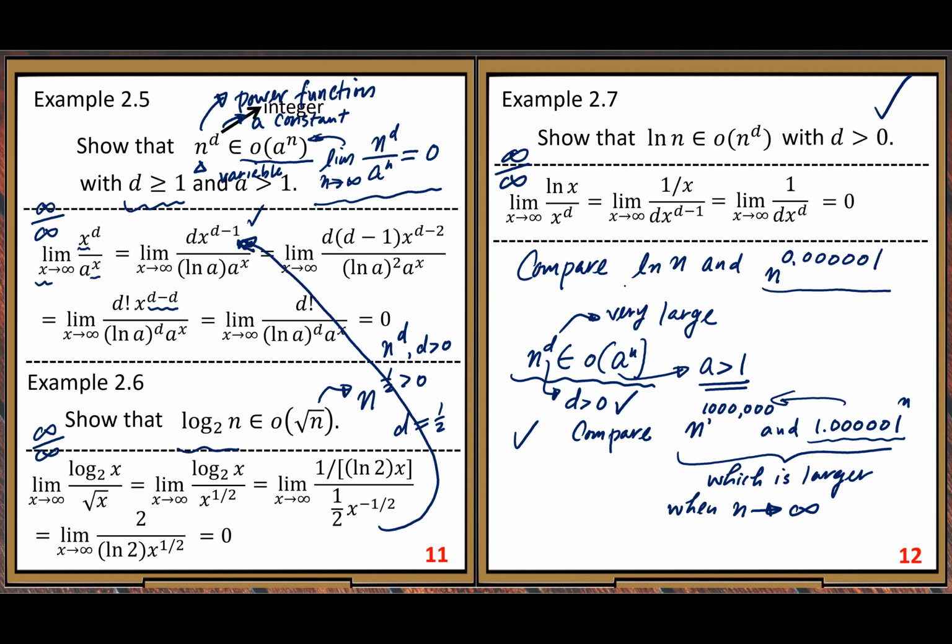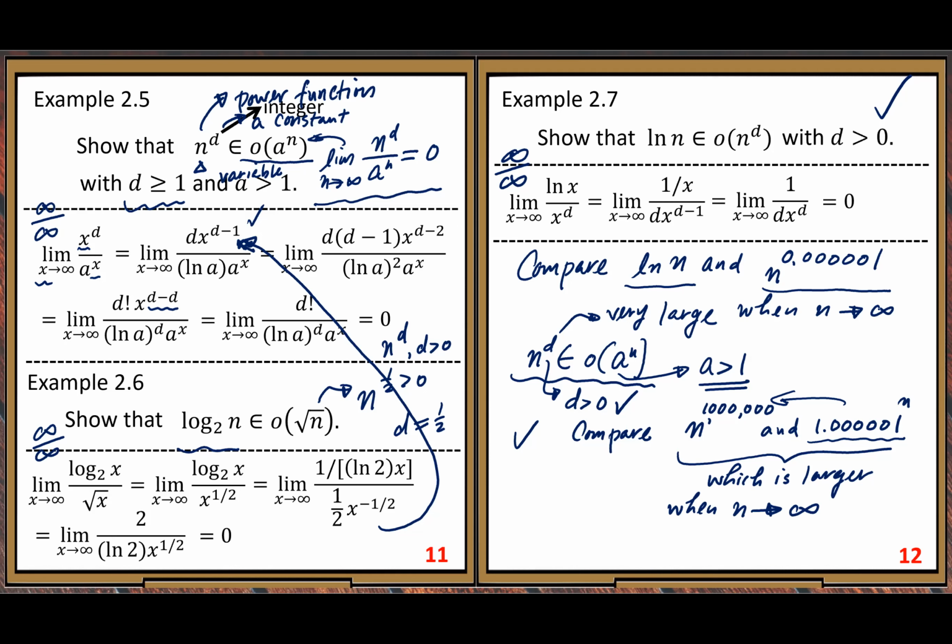I ask you to compare these two functions when n approaches infinity. Yeah, so very, very large. Which one is eventually larger?